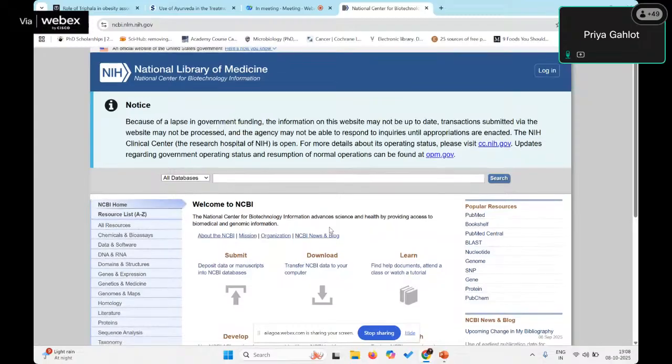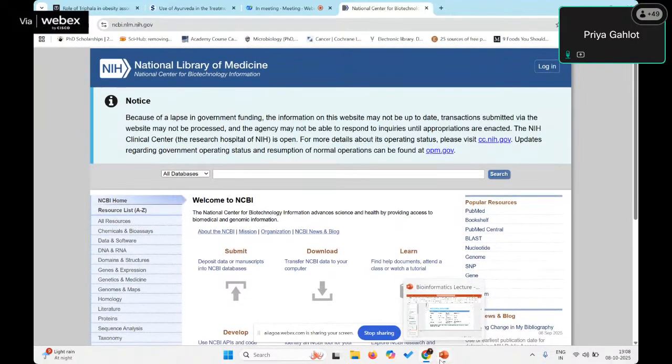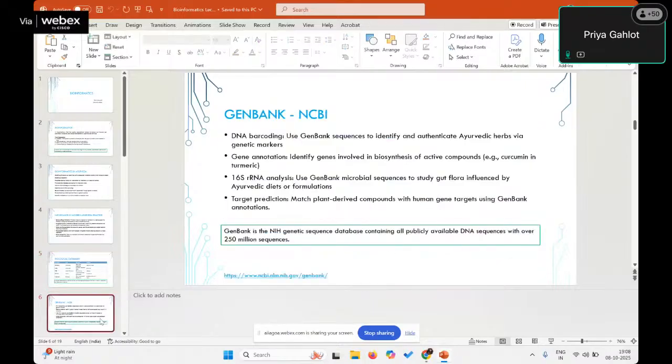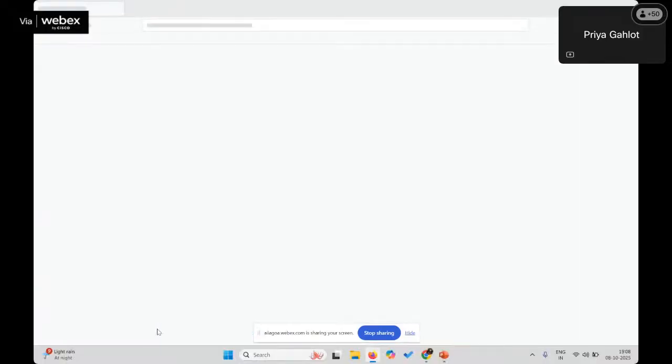Yes. So this is NCBI, and as we have discussed, there are certain databases in NCBI, one of which is GenBank. I would like to show you what happens with GenBank.